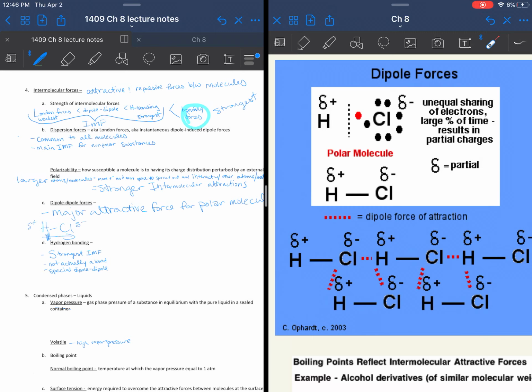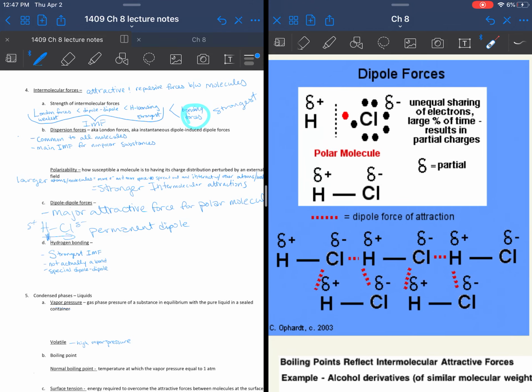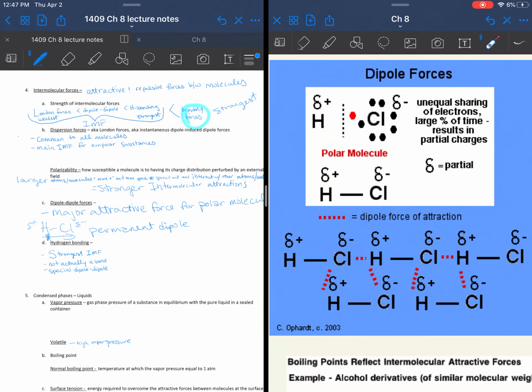Chlorine is going to be more electronegative than hydrogen, so you are going to get that partial negative on the chlorine, a partial positive on the hydrogen. Now this is a permanent dipole. Permanent, right? It's not induced, it's not instantaneous. This is always going to have this imbalance in electron density, with more negative on the chlorine, leaving more of a positive charge on the hydrogen.